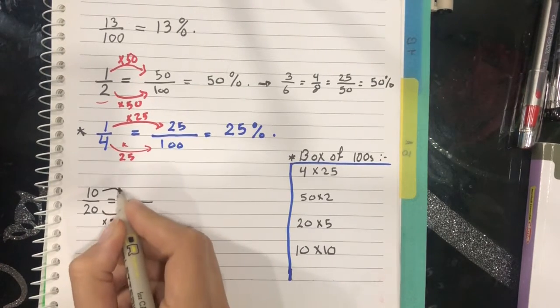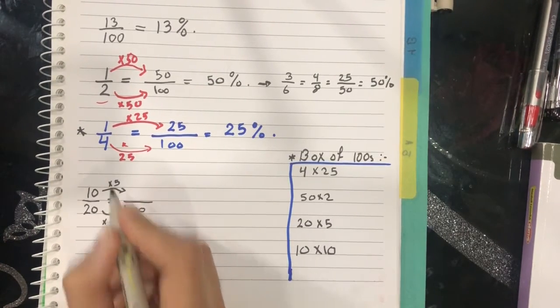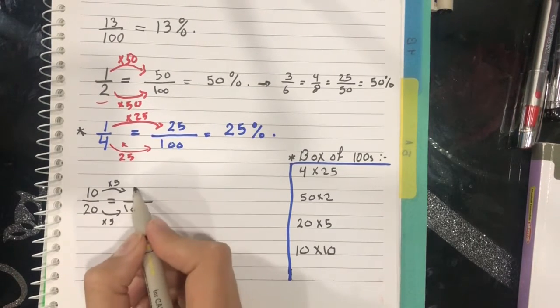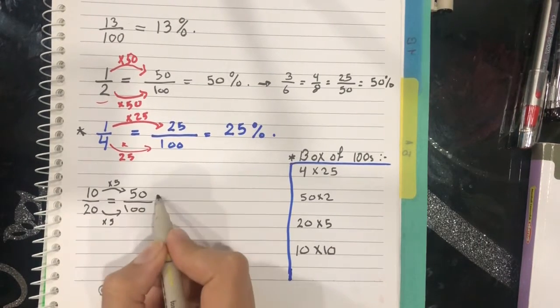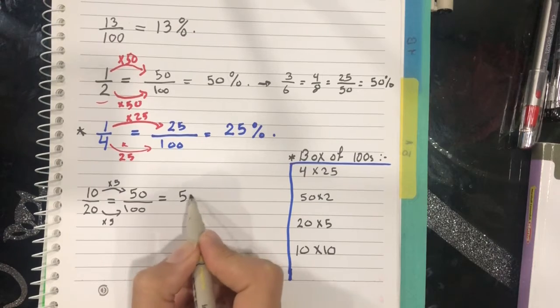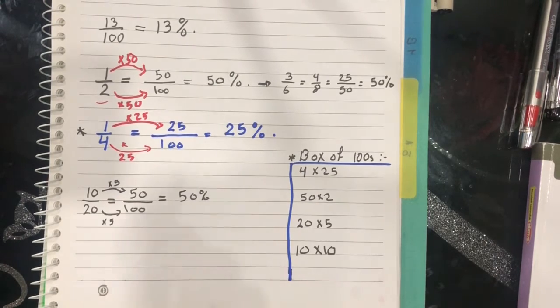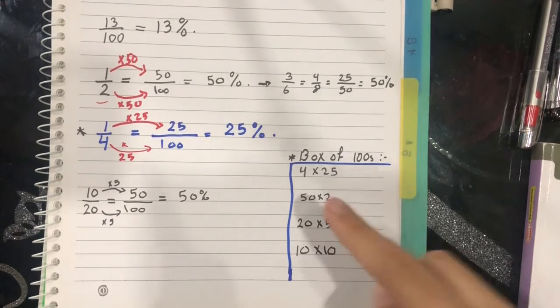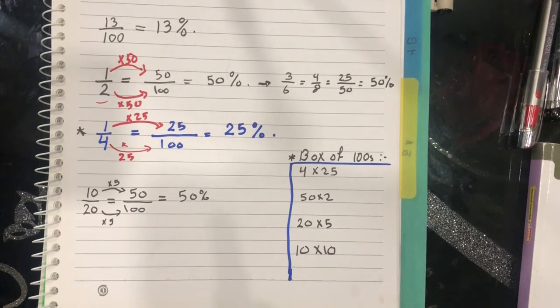And the 10 will be multiplied by 5 as well. So 10 times 5 is 50. Now I have 50 out of 100, which equals 50%. I advise you to memorize these because they are very common denominators and will be very common fractions.